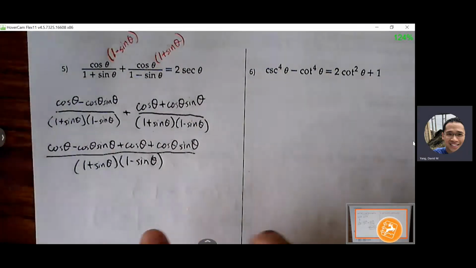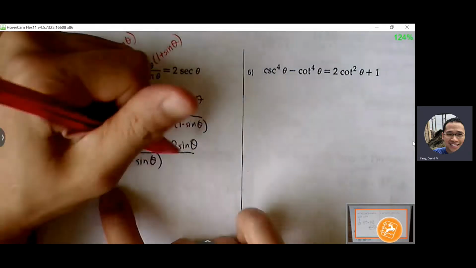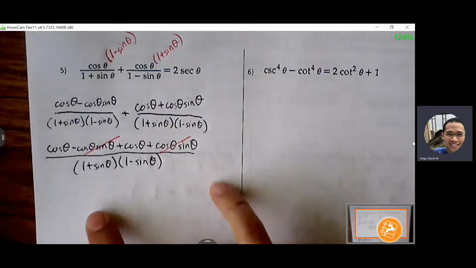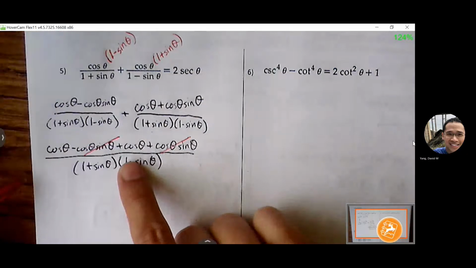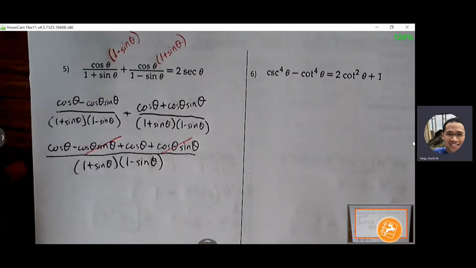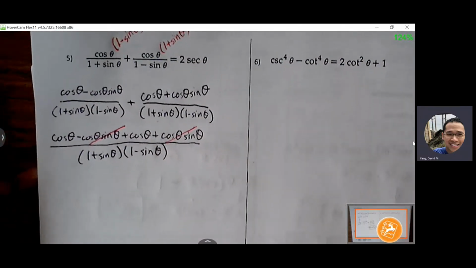The middle terms drop out. Well, not middle terms, but the cosine sign drops out. What's left in the numerator? What's cosine plus cosine? 2 cosine. Yeah, 2 cosine.